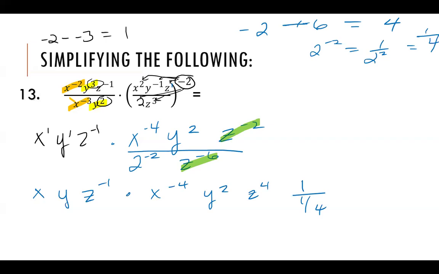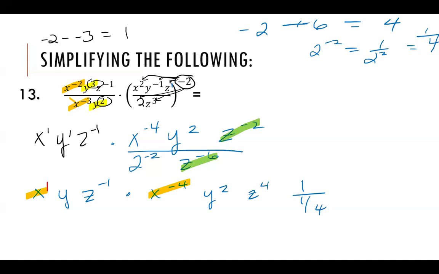All right, now you're left to right again. So left to right, I have x and x to the -4. What do they make? You're adding them. Product rule. So there is a 1 here. And what is 1 plus -4? -3.